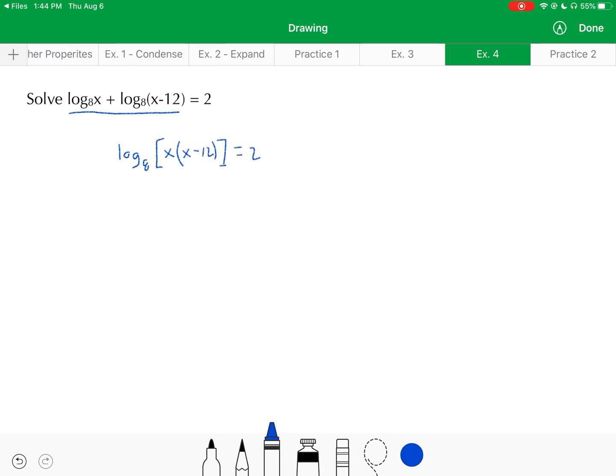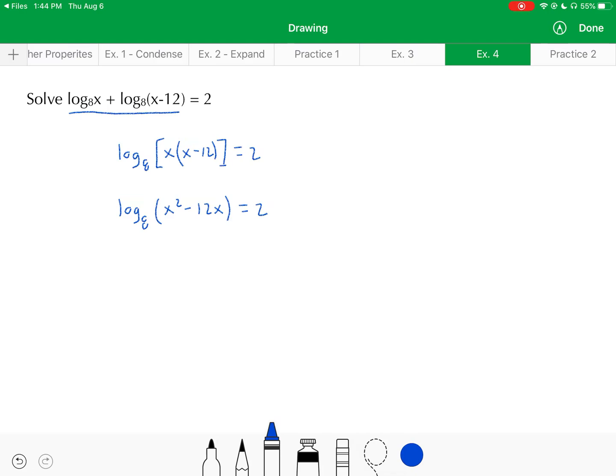Okay, so of course that's going to lead me to log base 8 of x squared minus 12x equals 2. All right, now once again, notice there is no logarithm on the right side of this equation, so I can't just simply set x squared minus 12x equal to 2. All right, there is no property that says I can do that.